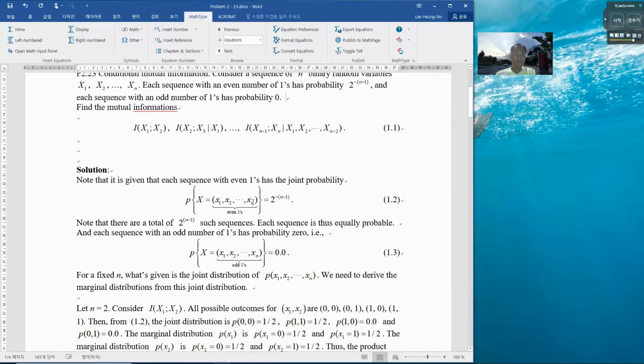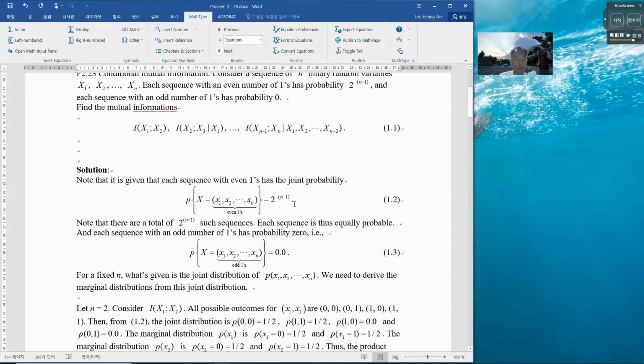So these are the realizations of the random variables. You can treat these as numbers, ones and zeros, basically. If this n-tuple has an even number of ones, then the probability of such an event is given to be 2 to the power of minus (n minus 1).